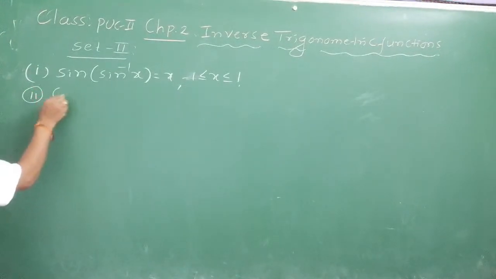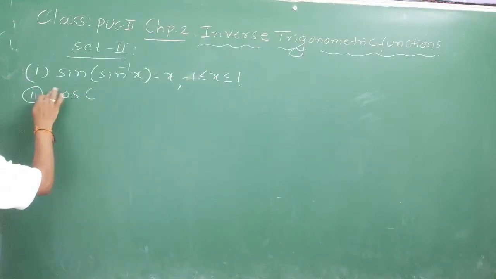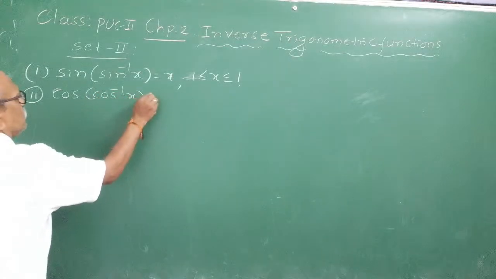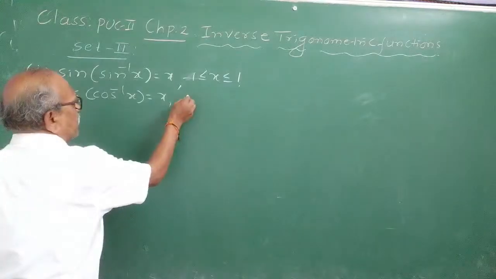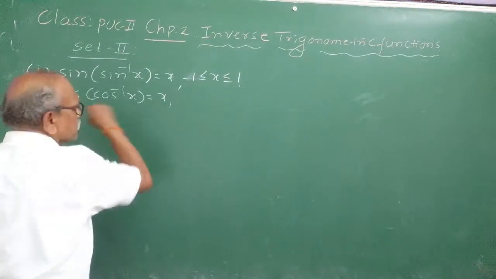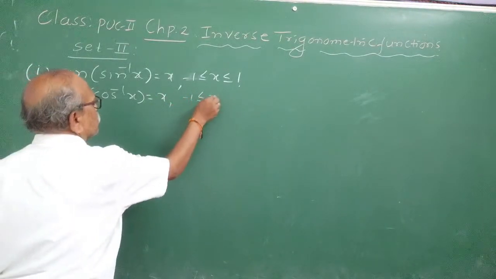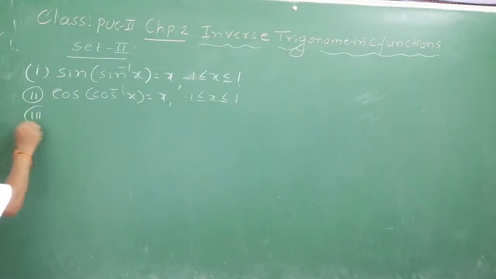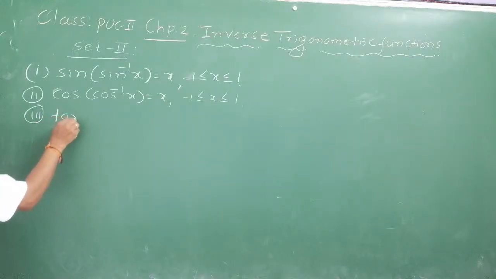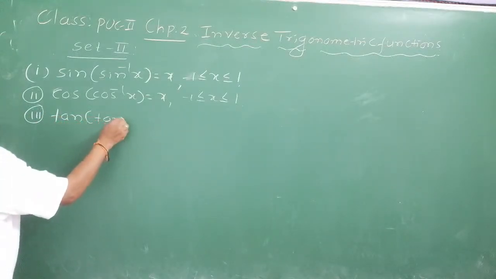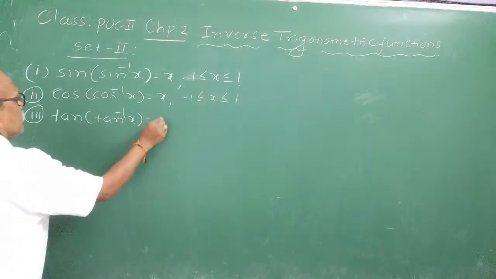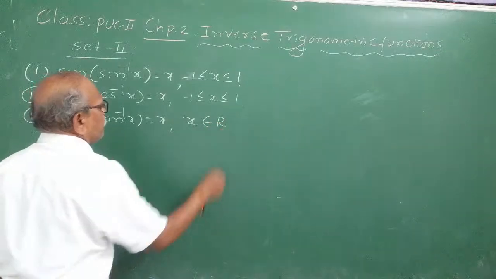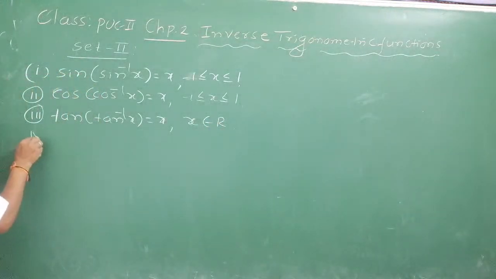Second one, cos of cos inverse x is equal to x, provided x lies between -1 to +1. Third one is tan of tan inverse x, which will be x when x belongs to any real number from -infinity to +infinity.